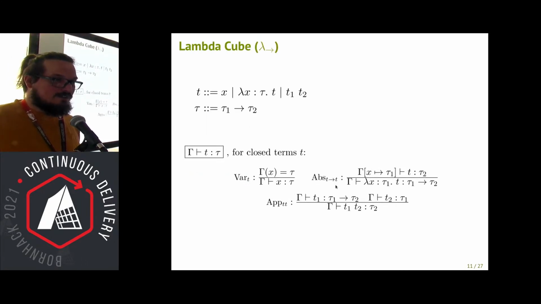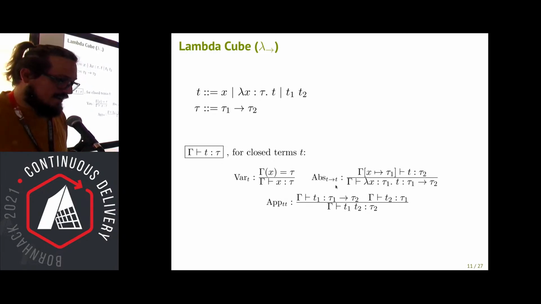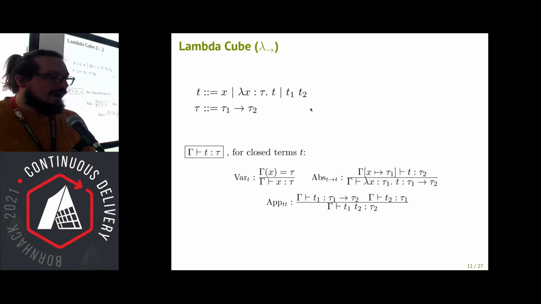In the lambda calculus, here is a syntax for the lambda calculus. We can have a variable, or we can have an abstraction, which is annotated by a type or a term, or we can apply a term to a term. And it has some typing rules. So here's the syntax for terms and the syntax for types.